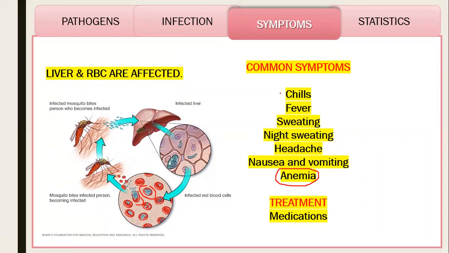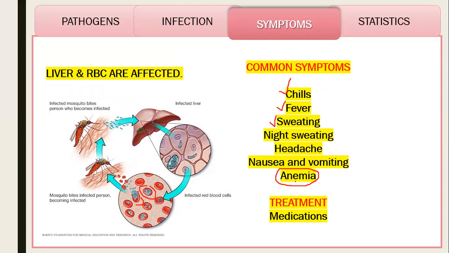The first symptoms start with chills, shivering of the body, and it continues with fever up to 38, 39 degrees or maybe 40 degrees, and night sweats. Sweating is a very important symptom of malaria. Headache, and sometimes also nausea and vomiting are also common symptoms of malaria. But when they destroy our red blood cells, they can also cause anemia.